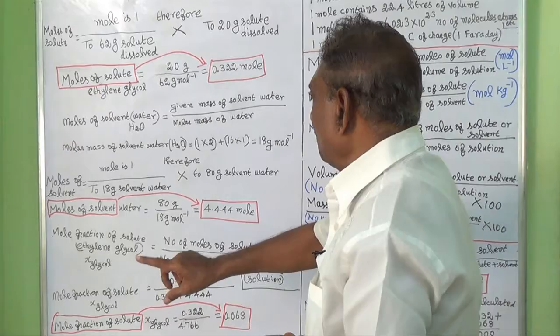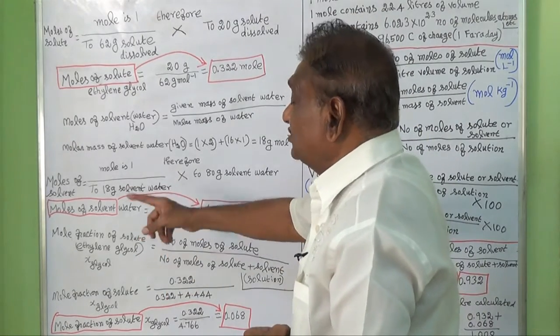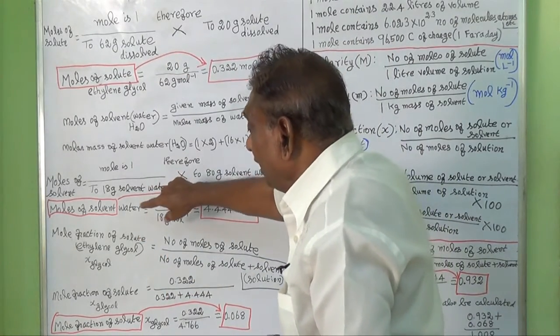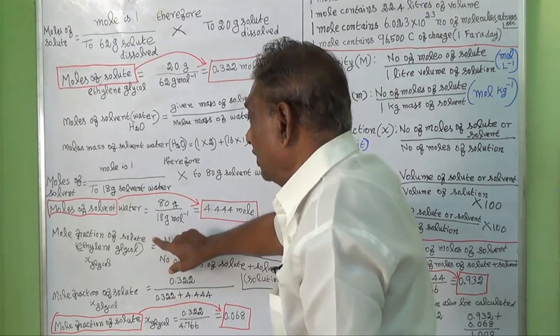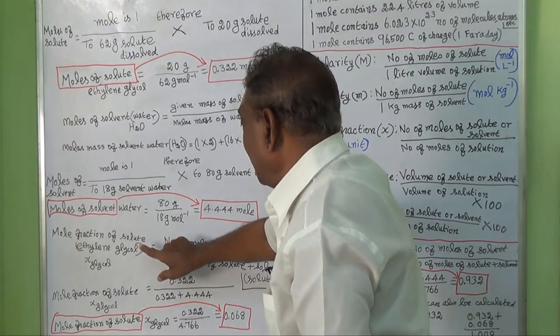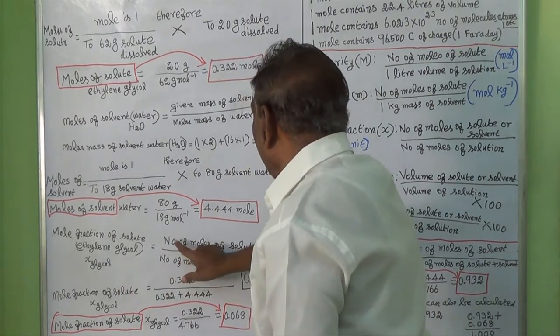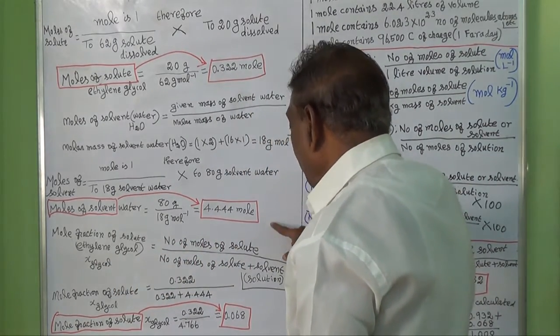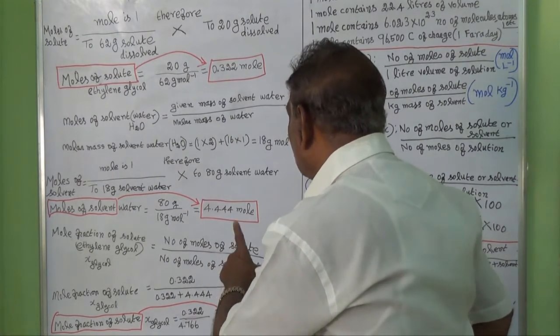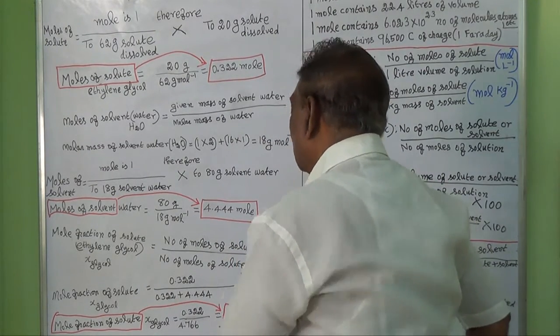So what is the formula for mole fraction? As we have already written, the mole fraction of solute, that is ethylene glycol, equals X glycol, number of moles of solute by number of moles of solute plus solvent.